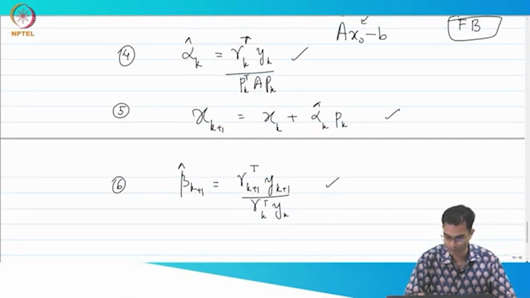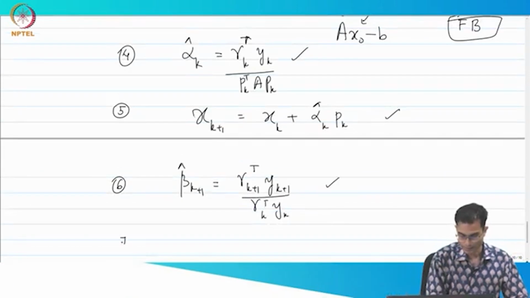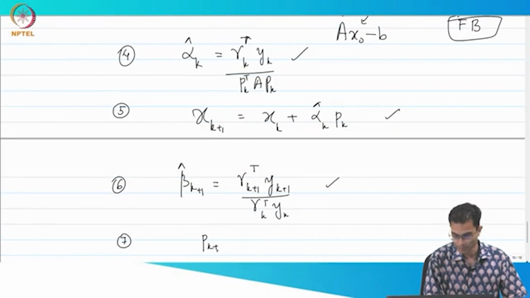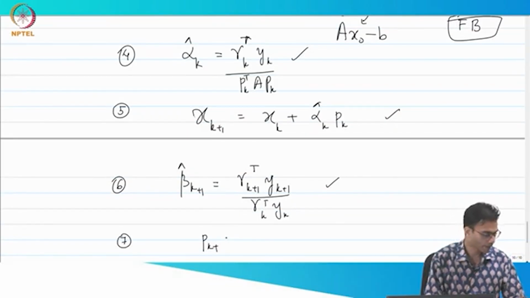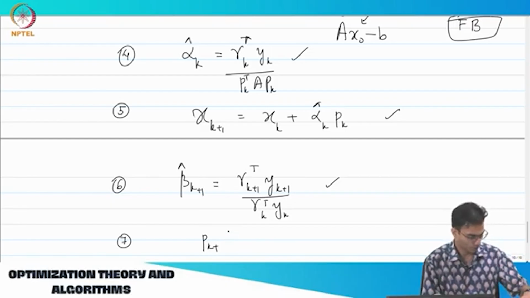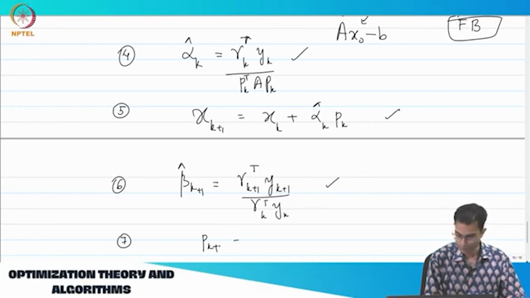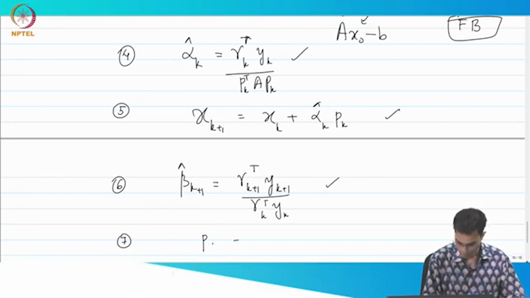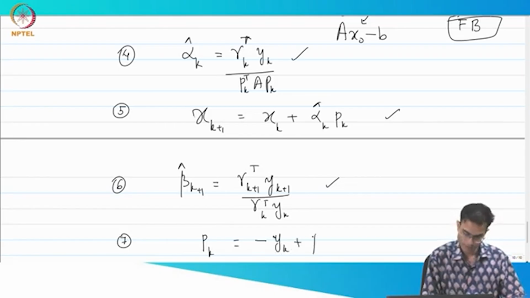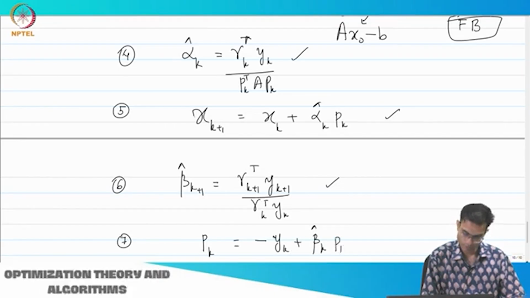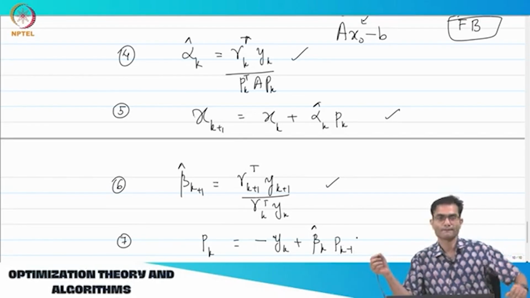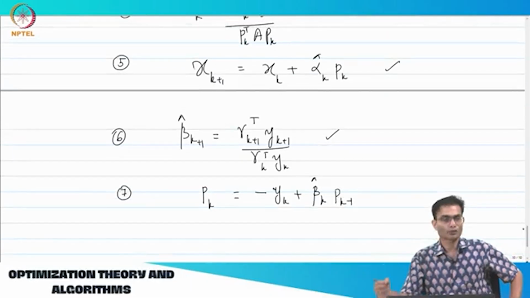So all of this can also be done, and as a result my pk plus 1 update expression also goes through, which was pk equal to minus yk plus beta hat k pk minus 1. Now I know everything over here.